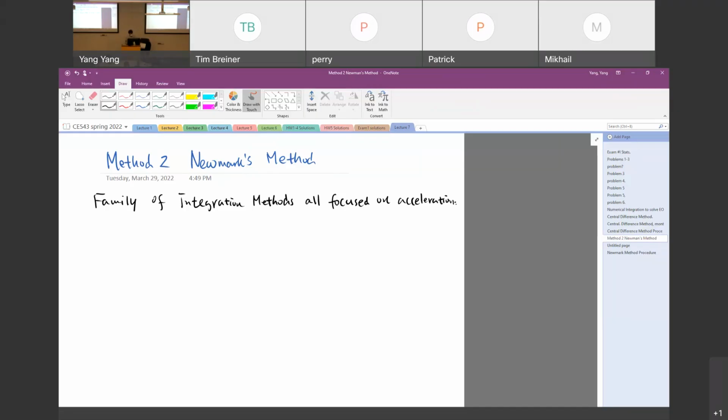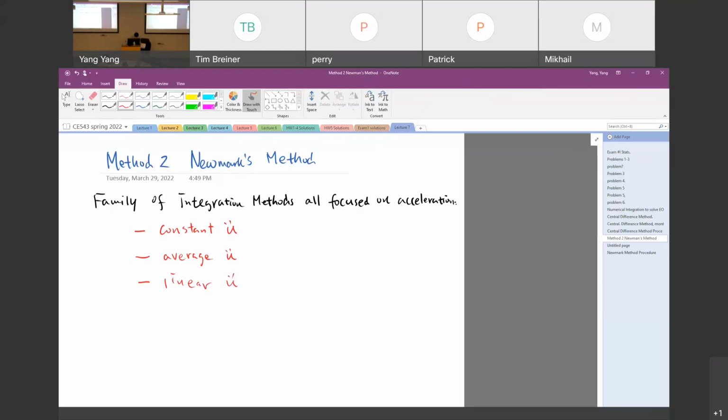This is a type of method based on the acceleration. We will have three types. Type one, constant acceleration. Type two, average acceleration, and type three, linear acceleration. So what does that mean?